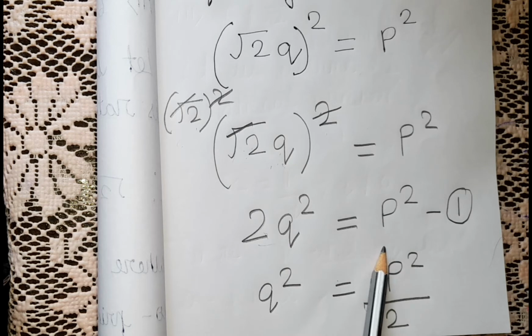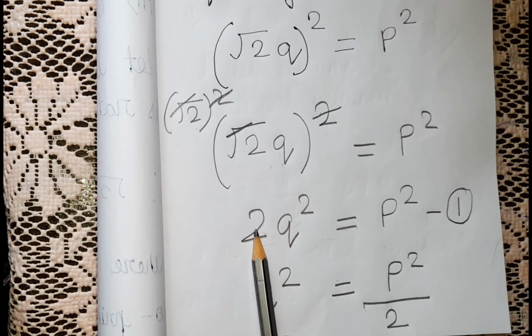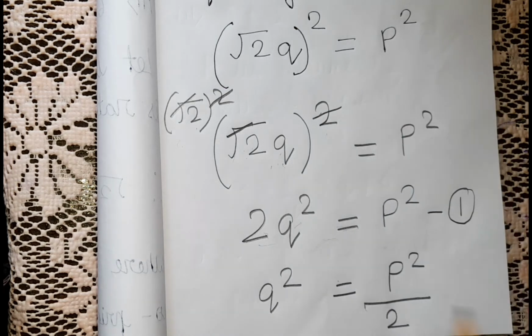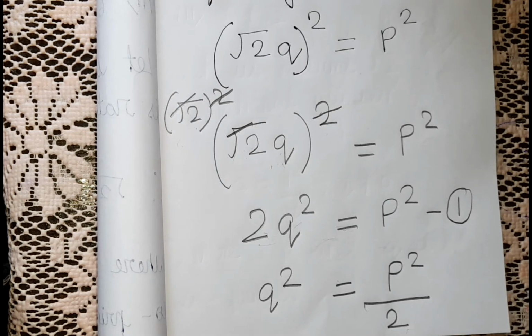When it crosses the bridge, when it comes to this side, it changes into division. Whenever you have a multiplication like this, here it is 2 into q square, we should take this 2 across, and when it comes this side it becomes p square divided by 2. Remember this is very, very important. So now let's write p square divides 2 and 2 divides p.